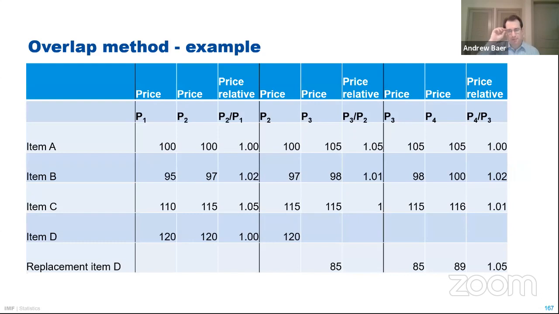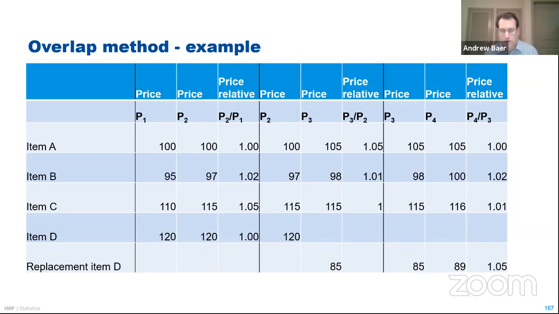So here's an example of how that would work with price relatives. In period 2, which was February, we had price relatives for item A, B, and C, right? Because all the items were produced in January and February.